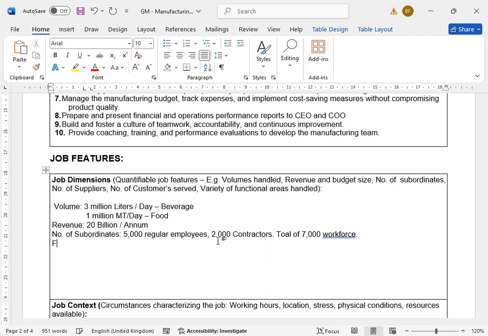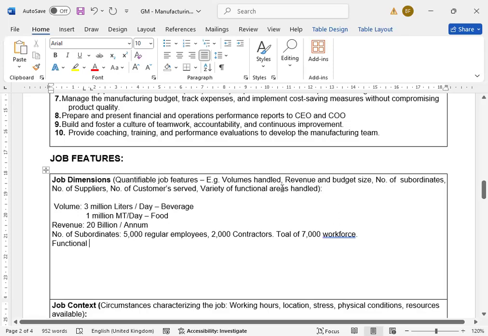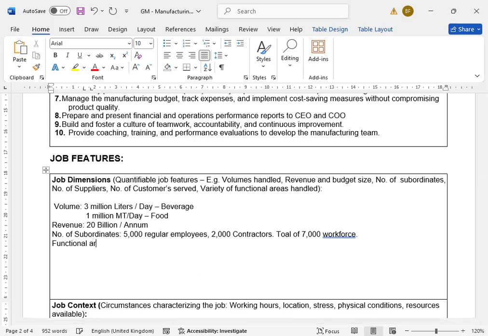Then let's say functional. I'm not putting the budget. Revenue is okay. Otherwise, if I know the budget, then I also put the budget here. So the functional areas, say production, warehouse, planning.